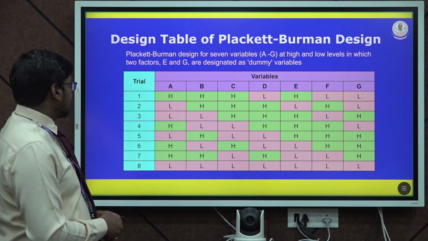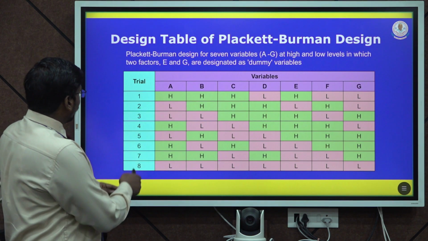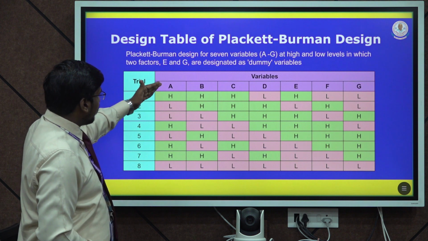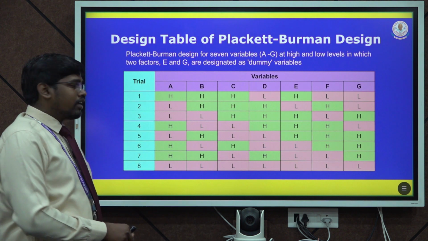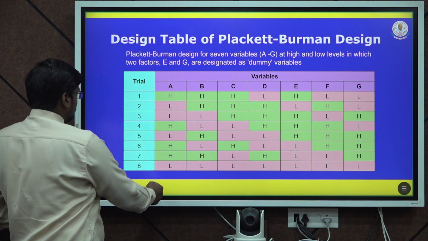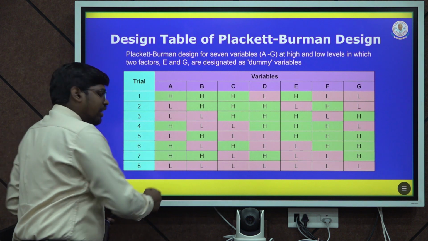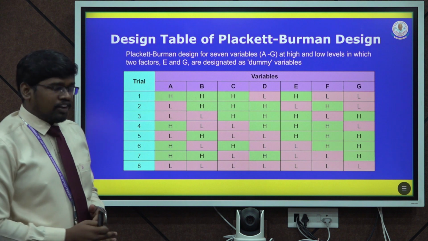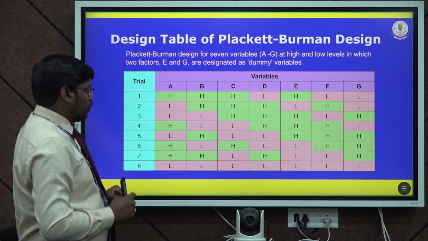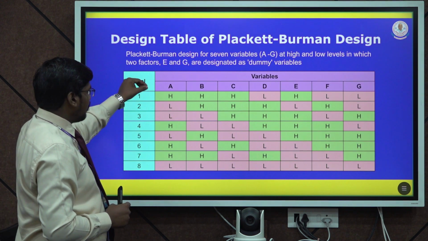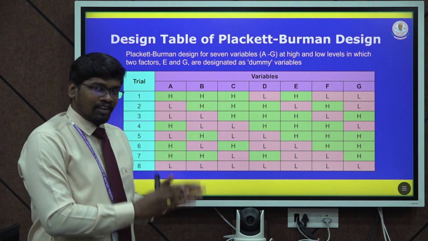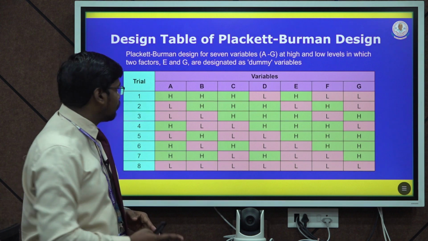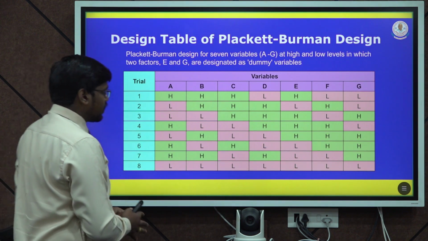In these 8 designs, you can see A is at high level in 4 trials and at low level in 4 trials. When we are designing the factorial design, we need to ensure that the factor is equally distributed, that is, it is at high and low level in an equal number of experiments. Likewise this table is designed.